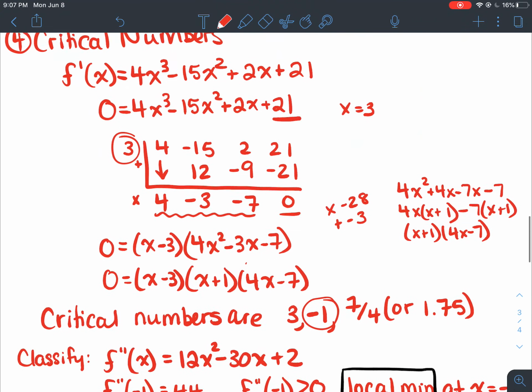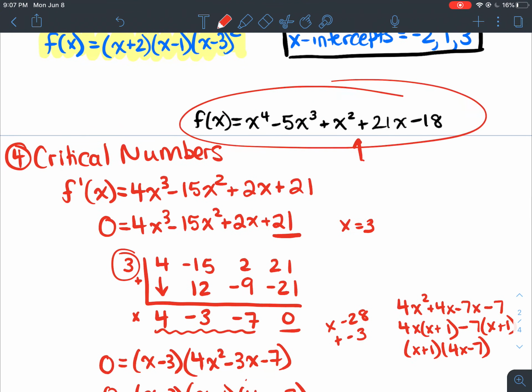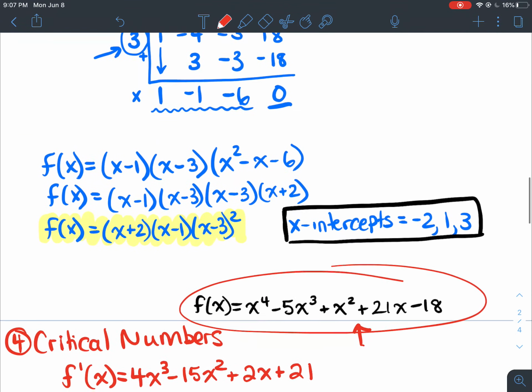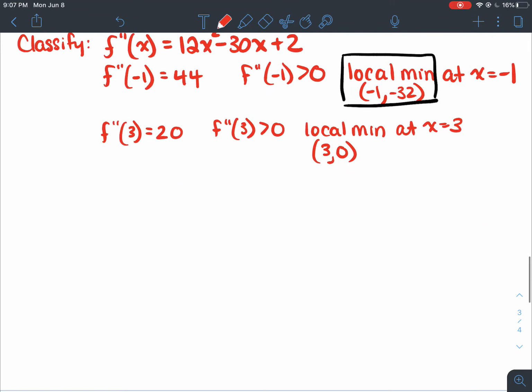And if I sub 3 into my original equation, then I get a y value of 0. Do I have an x-intercept at 3? I sure do. Okay, that makes sense. So one of our x-intercepts is actually a local minimum.